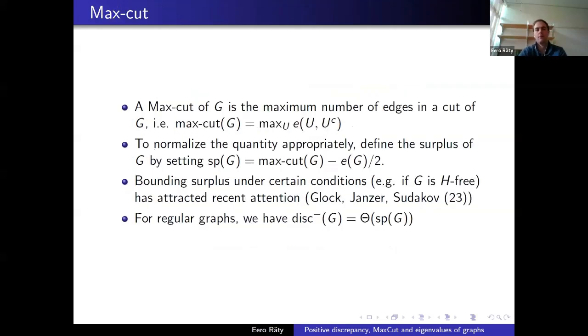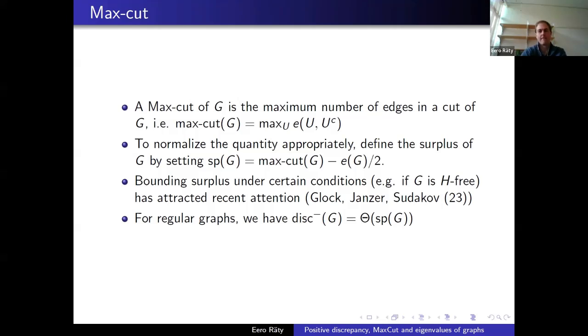Okay, so before moving on to stating our results, let's briefly discuss the two other aspects mentioned in the title. The MaxCut of a graph is the maximum number of edges in a cut. You fix a partition of the vertices into U and U complement, and you pick the one where there is the largest number of edges between the two sets.